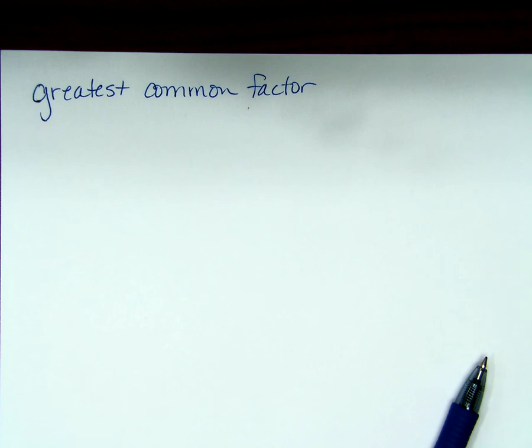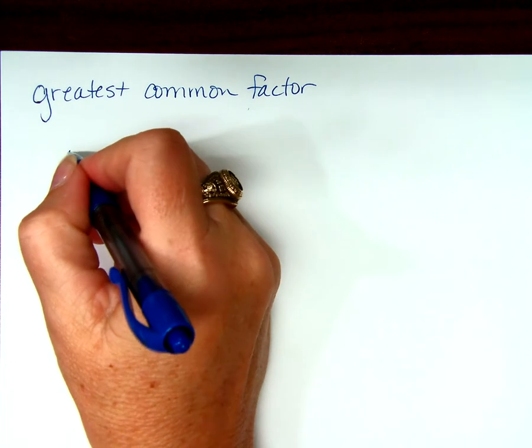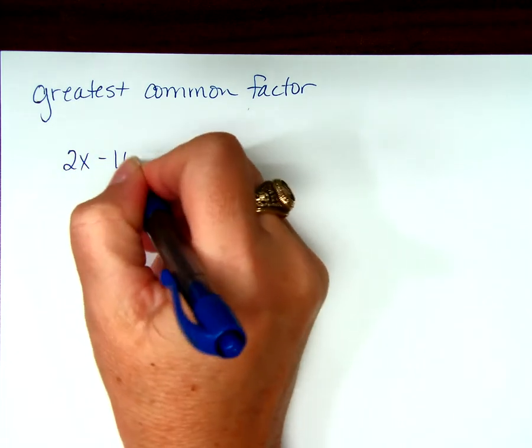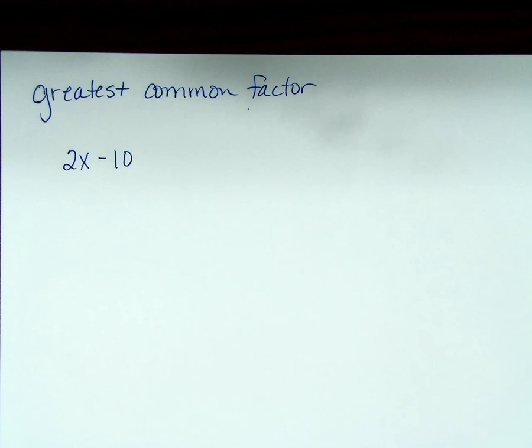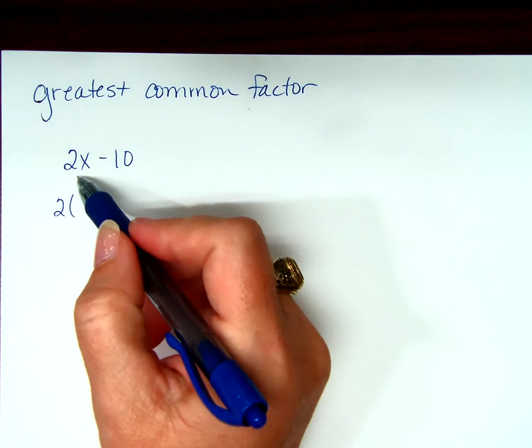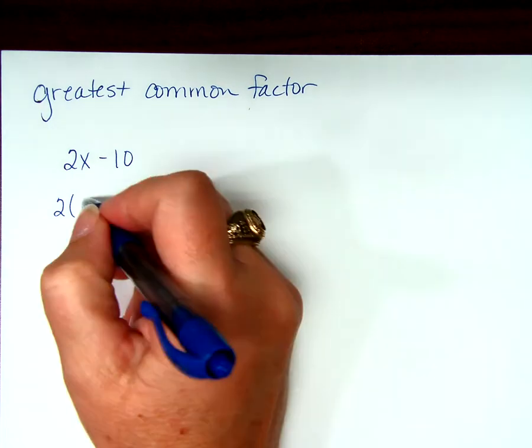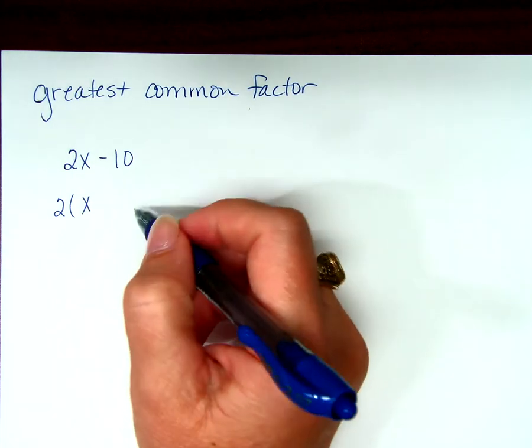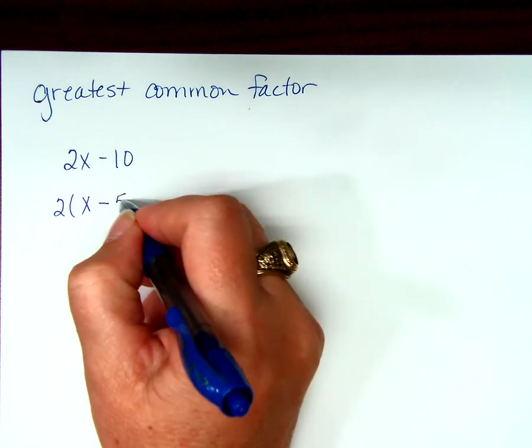So for example, if I say here is a polynomial, in this case just a binomial, 2x minus 10, what is the greatest common factor of each of these 2 terms? What are they both divisible by? A 2. If I factor out a 2, what do I have left from the first term? An x. And what do I have left in the second term? A minus 5.